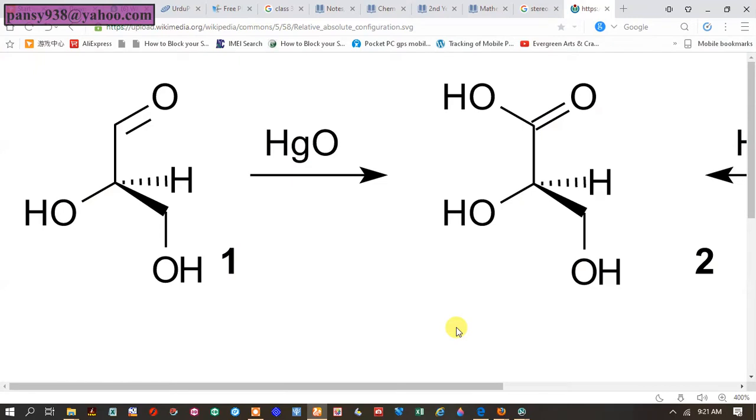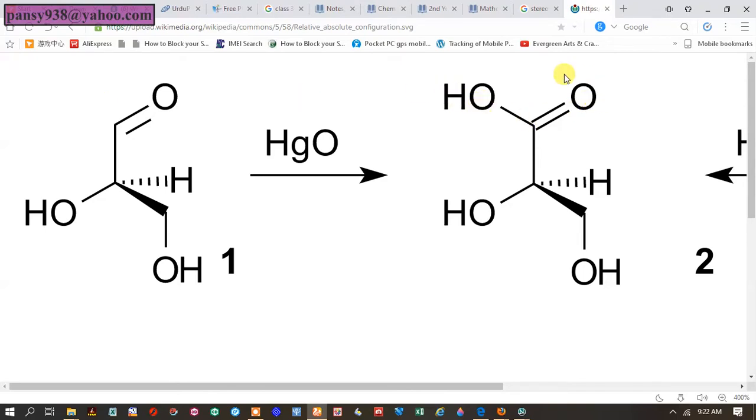And you see that in this case where conversion of glyceraldehyde is taking place into glyceric acid using mercury oxide, the configuration around chiral center remains unchanged during the conversion, and a hydroxyl group is attached to carbon number 1 instead of the hydrogen.